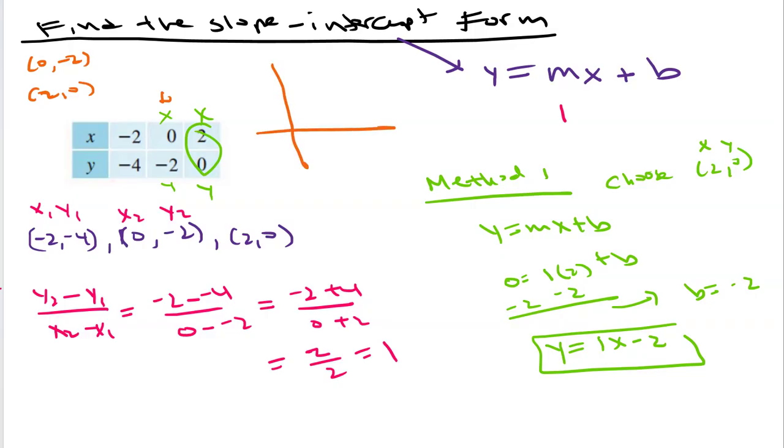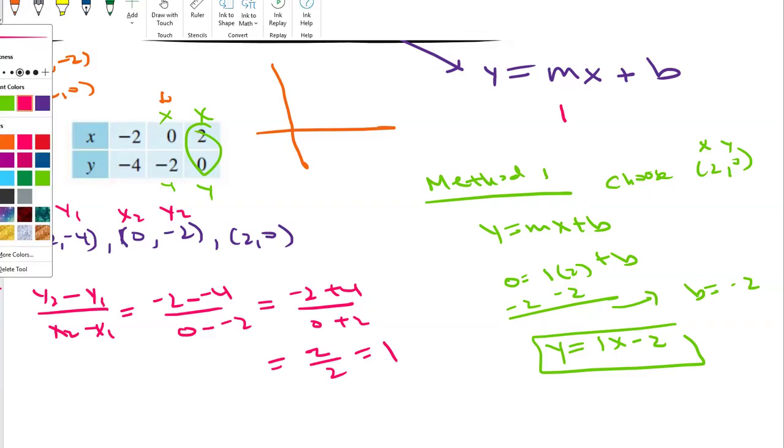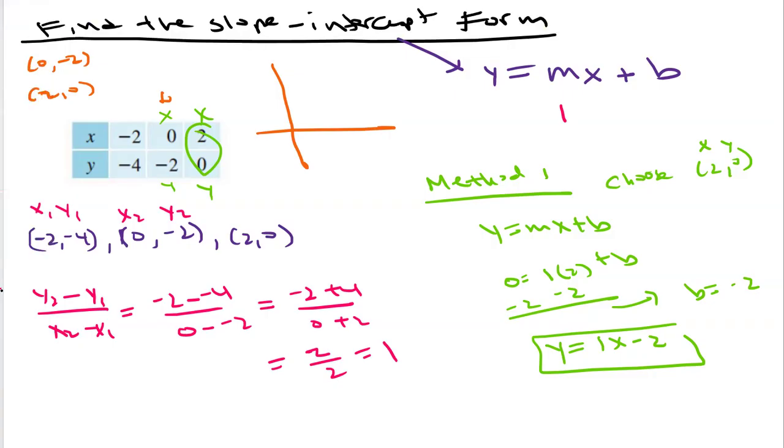So we have 0, -2, which is down here on the y-axis, and then 2, 0. Okay, so then our graph will look something like this.